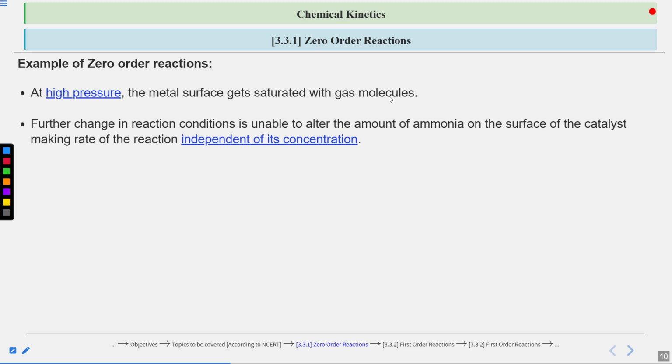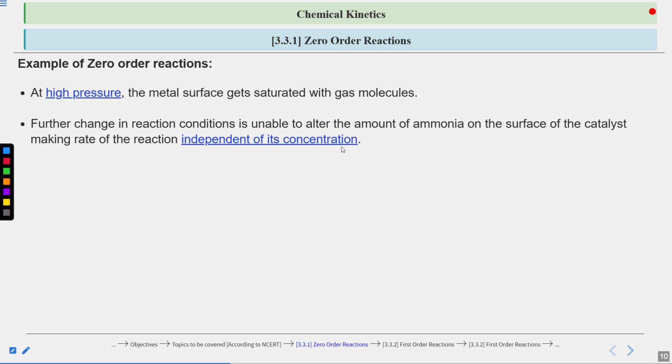Whatever amount of ammonia we get at the catalyst surface to convert to the product is not going to change if you change the reaction conditions. That means the rate of reaction becomes independent of the concentration.